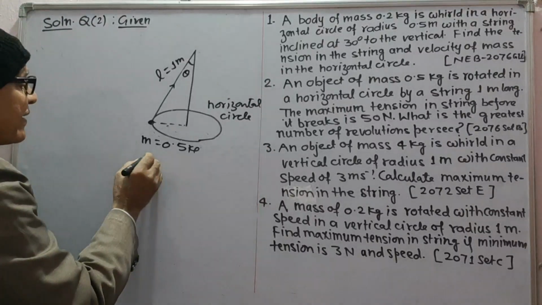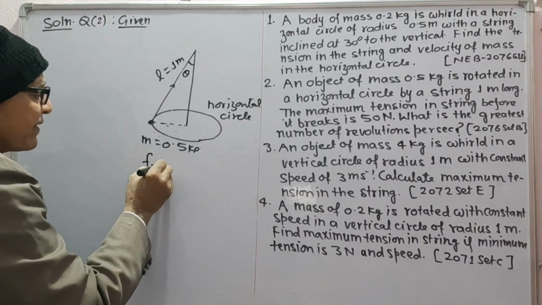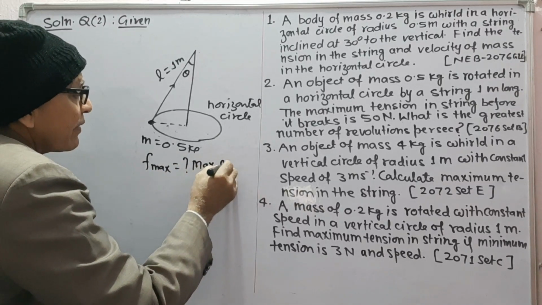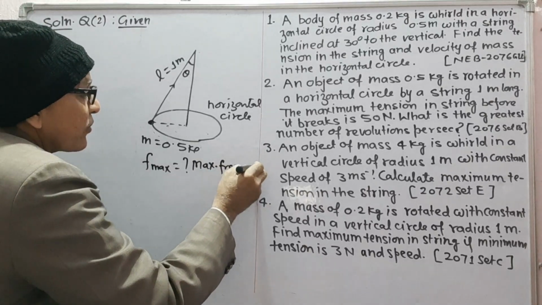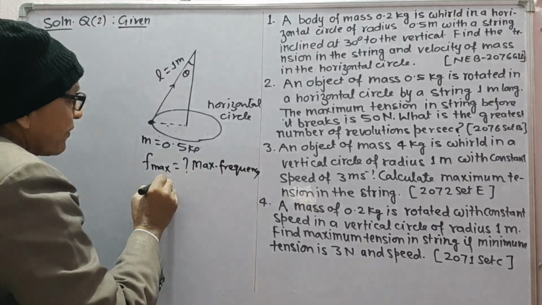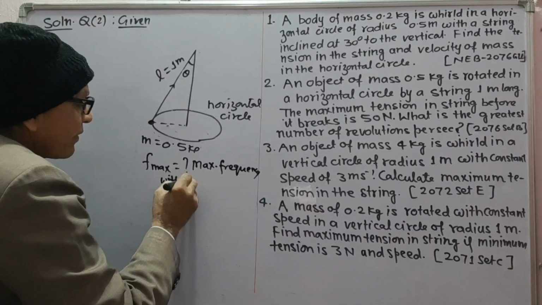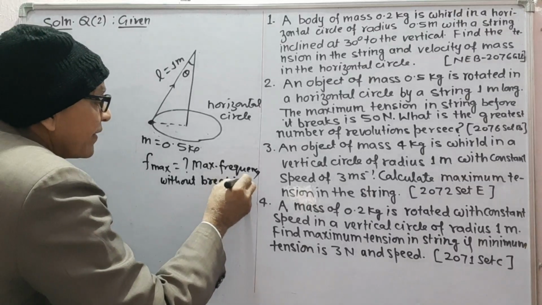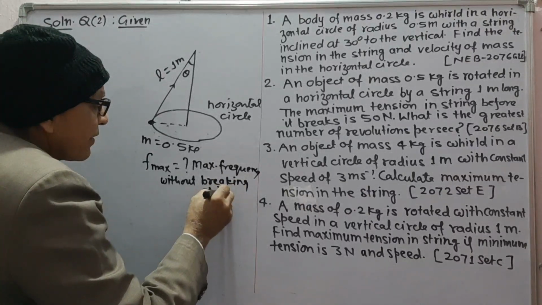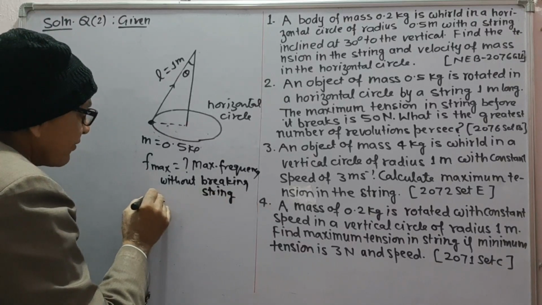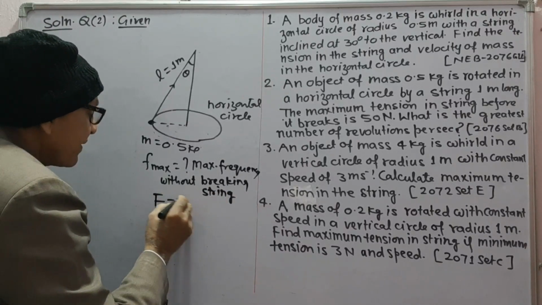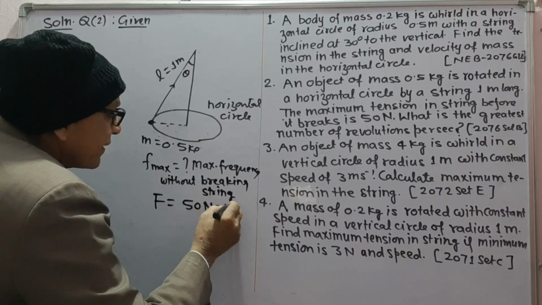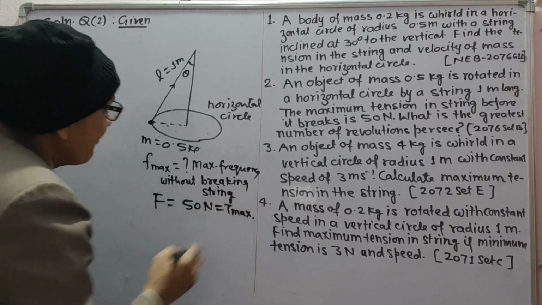We have to find maximum number of revolutions per second, means maximum frequency without breaking string. Maximum tension or force is 50 Newton, T maximum without breaking.